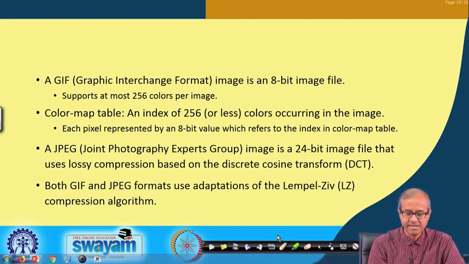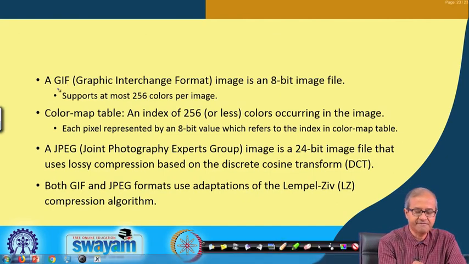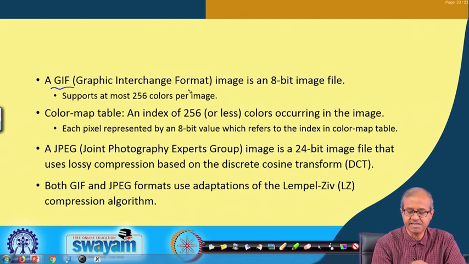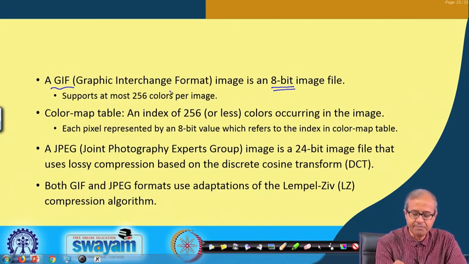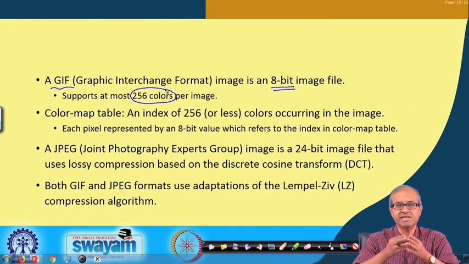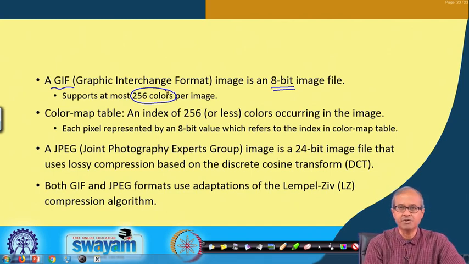Now, as I had said, in the GIF image format, which is graphic interchange format, each color is encoded in 8 bits. Now, in 8 bits you can represent 256 colors. Now, you may say that 256 colors is not sufficient. There is a concept of a color map table. In GIF, you can change from one color map table to another.